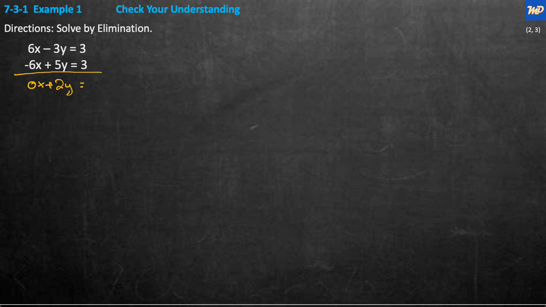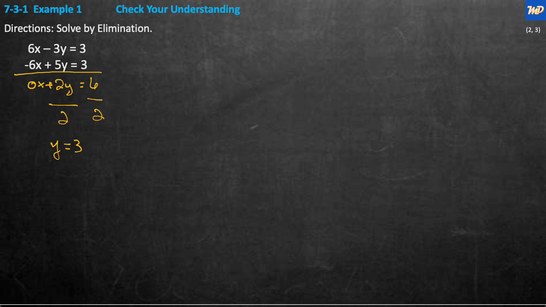And that's equal to 3 plus 3, which is 6. Now the x is gone, so now we can solve for y. We're going to divide both sides by 2, and we get y is equal to 6 divided by 2, which is 3. So y is equal to 3.